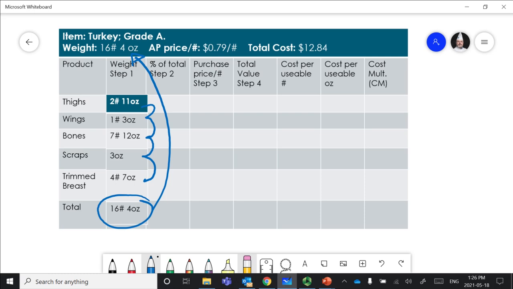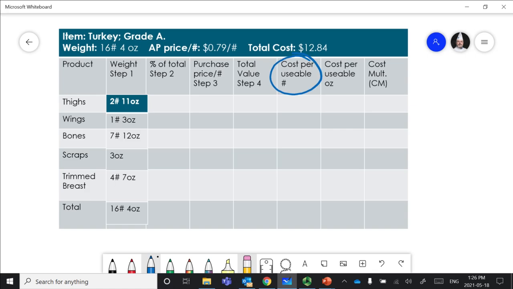The next thing we do is figure out a percentage of the whole turkey that we started with. So the first thing we need to do is convert these numbers into one usable unit, right? I like to go to pounds because what we're going to figure out in the end is a cost per usable pound. So our thighs is 2 point something, right?